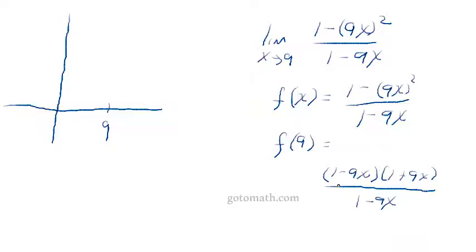As you can see, we've got a like term in the top and one in the bottom, and we're left with 1 plus 9x, or we could say 9x plus 1. And that looks like a line with a slope of 9, crossing at 1 right here, and that's the graph we're looking at.